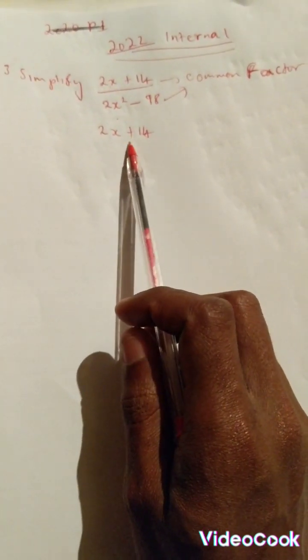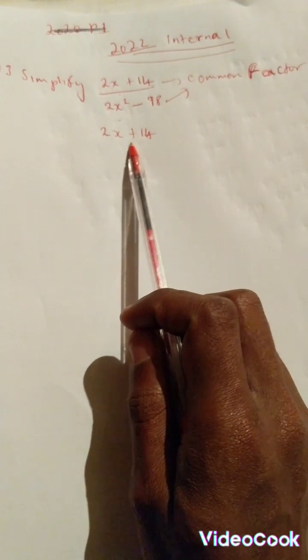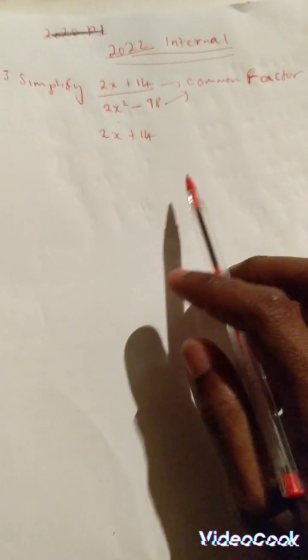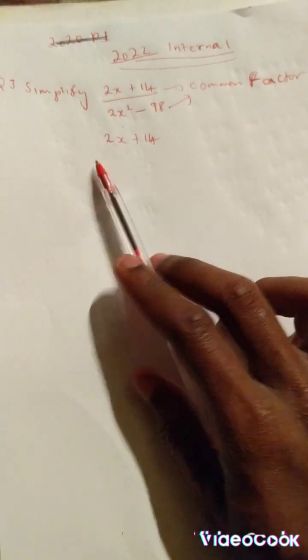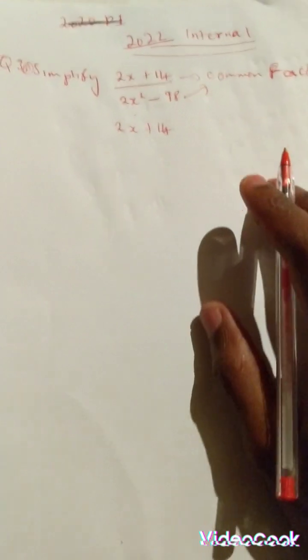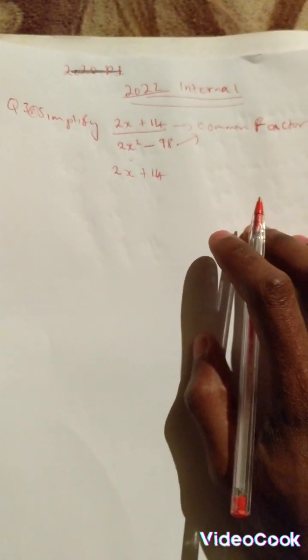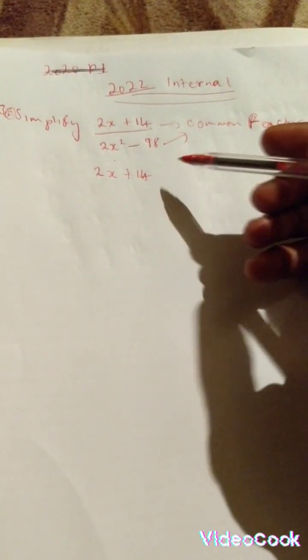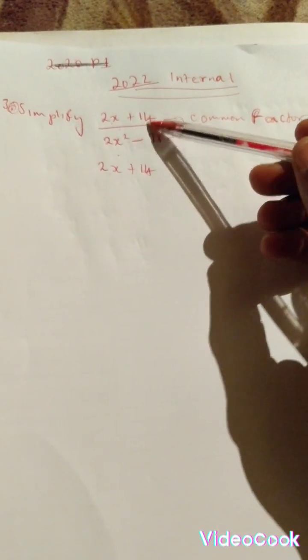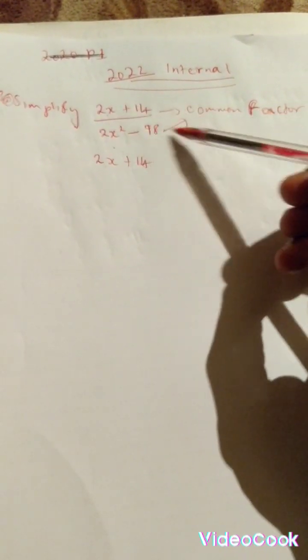We are going to solve a question paper, which is the 2022 internal, question 3. So the first question, which is A, is talking about simplifying. When you are simplifying such equations, we use common factor.